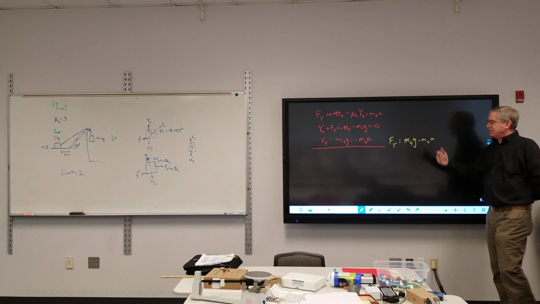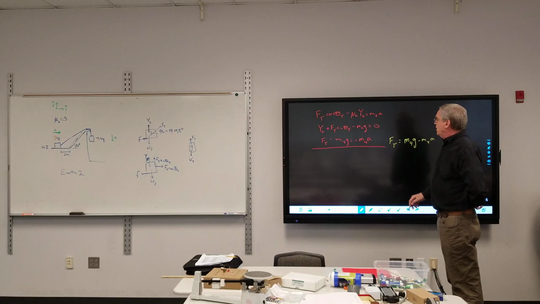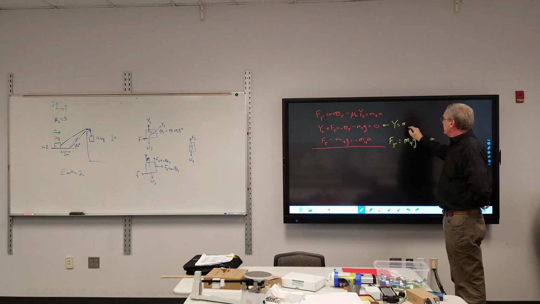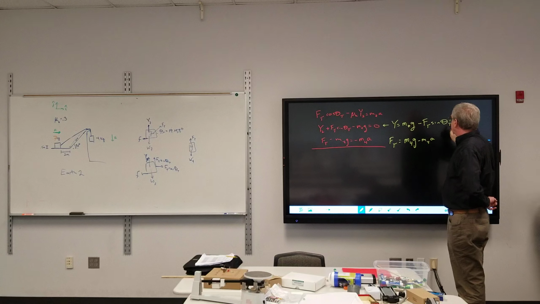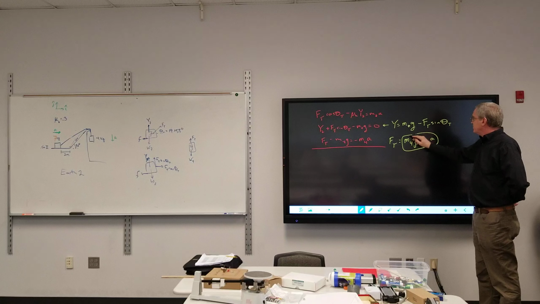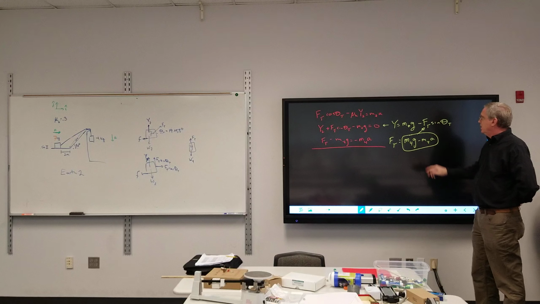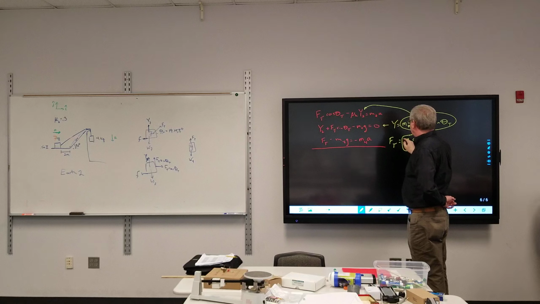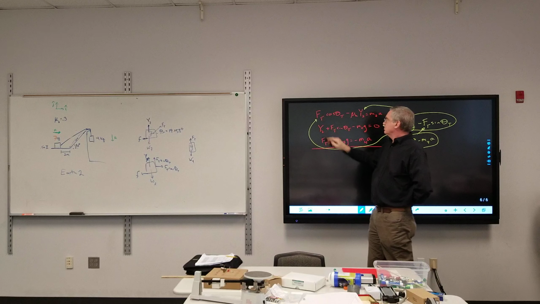So that's going to be a positive number. That's encouraging. From this equation here, I know that Y is equal to M7G minus FT sine theta T. And so I can plug this in for there, and this into here, and my tension into there.